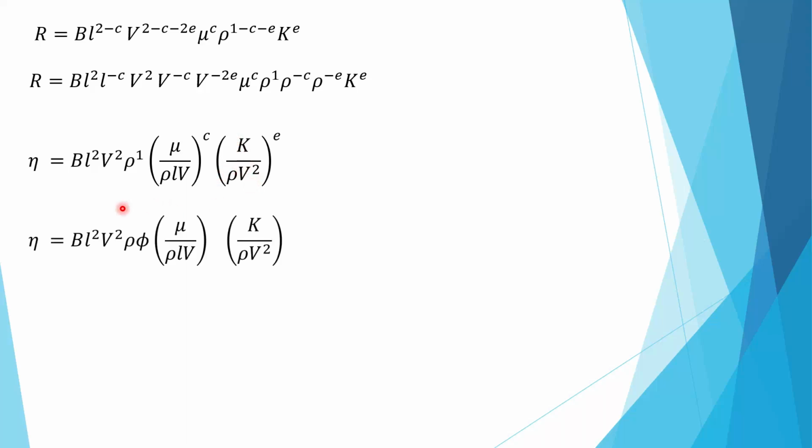The last step, we can introduce one more constant, that is phi. So R is equal to rho L square V square into phi multiplied by mu divided by rho L V into K divided by rho into V square. This is the final answer using Rayleigh's method.